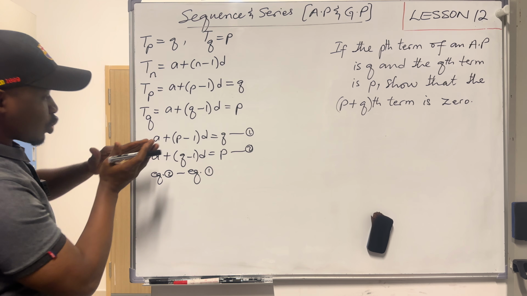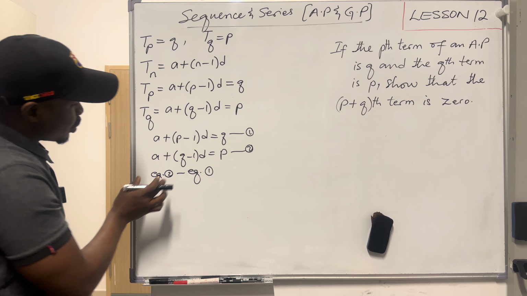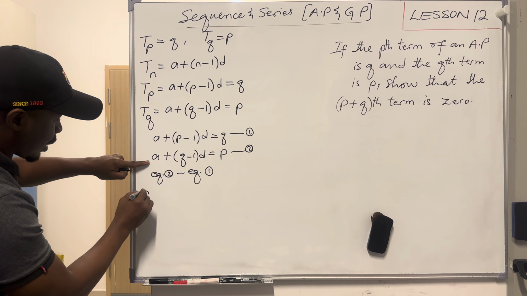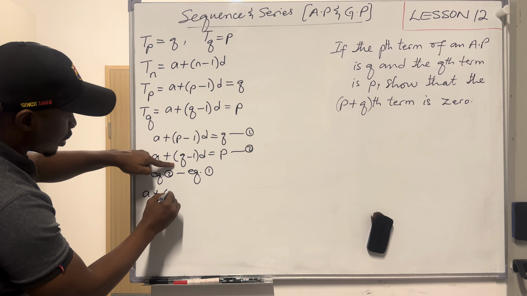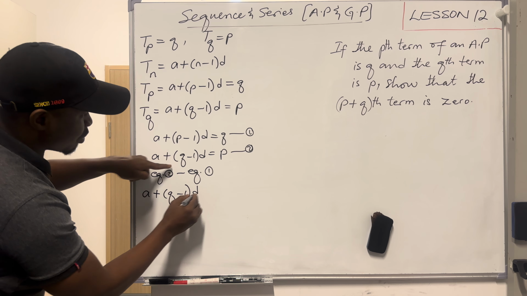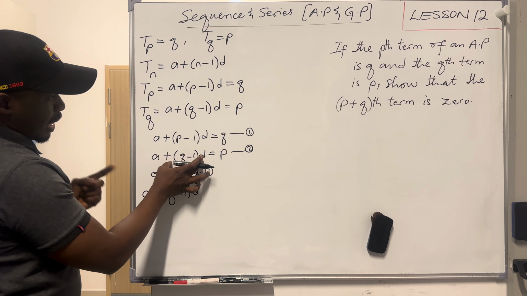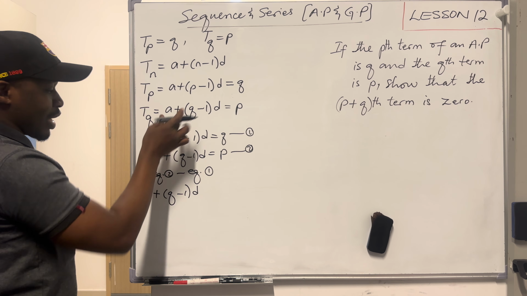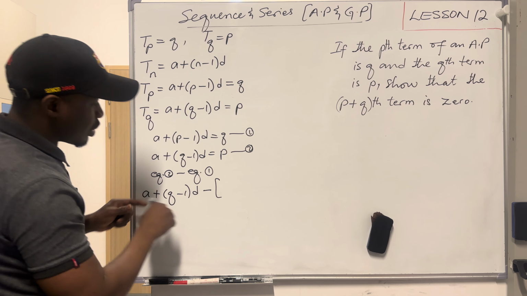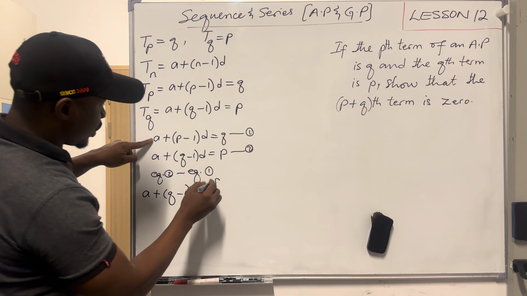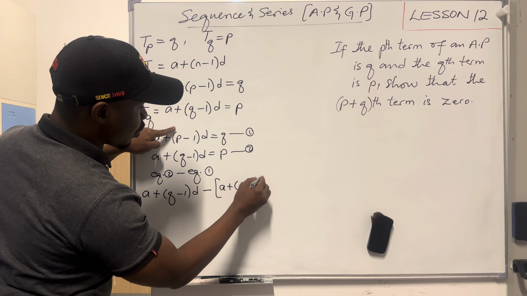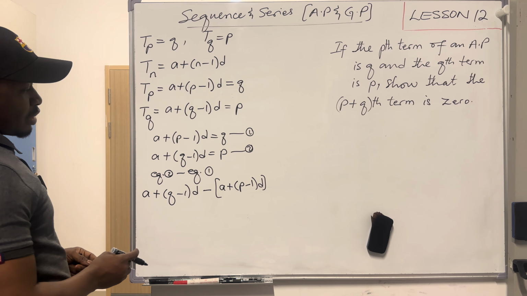So on the left, here is a plus (q minus 1) times d, the left minus the left, which is a plus (p minus 1) times d.